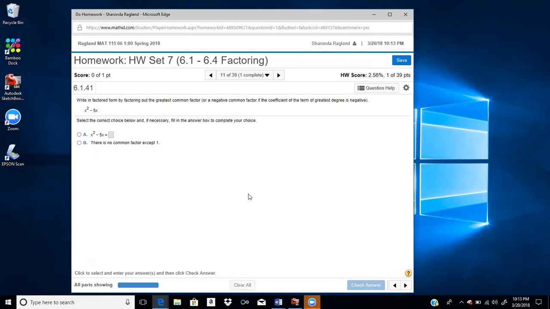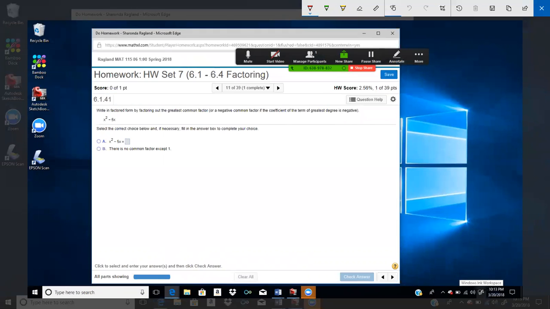All right, so again, you're dealing with the factor and the greatest common factor. Out here, x squared minus 5x. So what do they have in common?